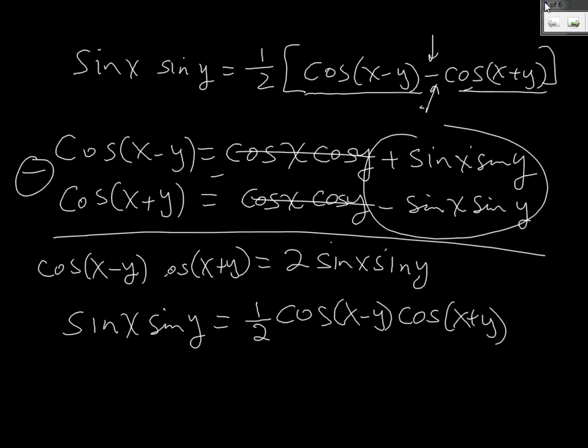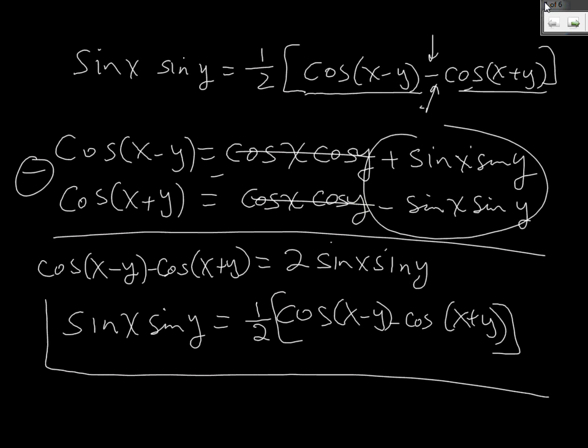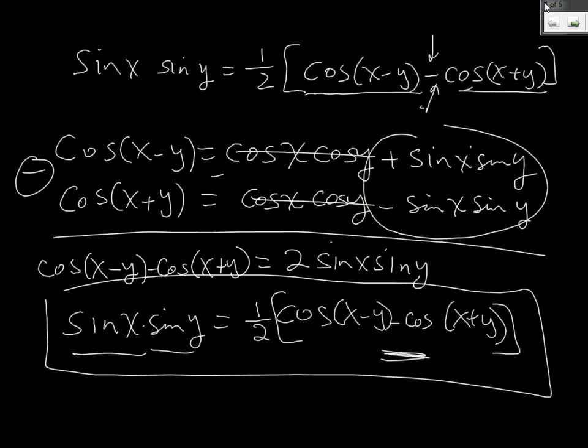I apologize for that. Same thing over there. And this whole thing gets divided by 2 or multiplied by 1/2. So here is our first product to sum or product to difference.